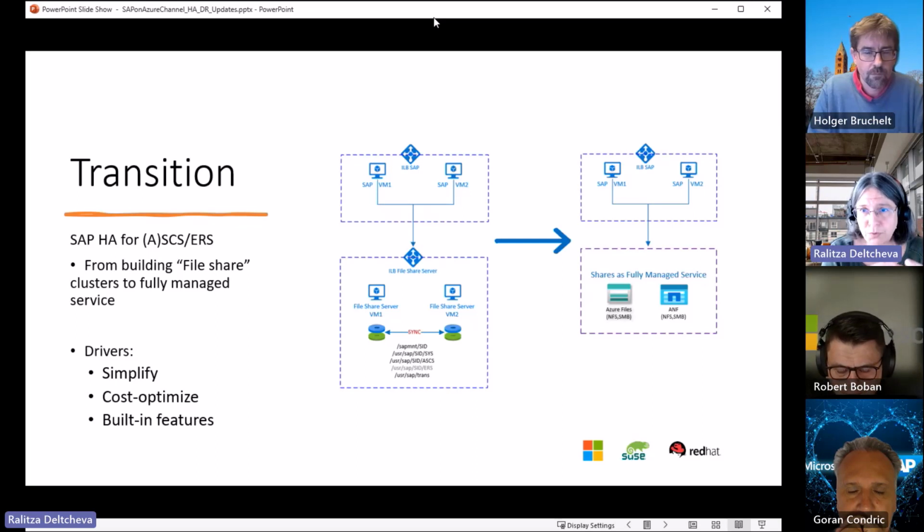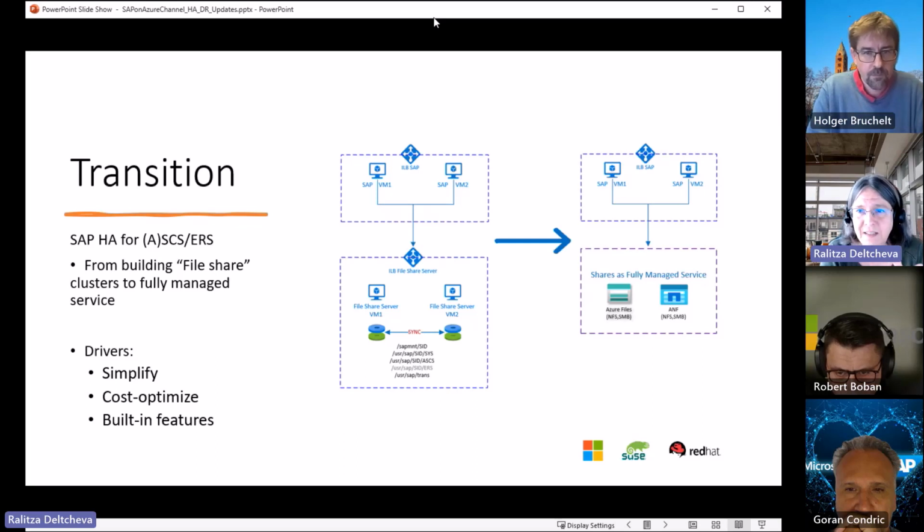When it comes to the SAP shared directories, where we started some years ago with the first releases was that in order to provide a resilient solution, a customer had to build their own NFS server, essentially.